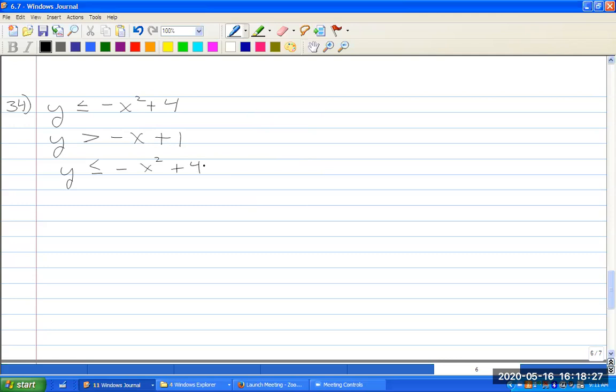So the boundary line is a parabola. And well, this will be a solid line. The boundary line will be solid.